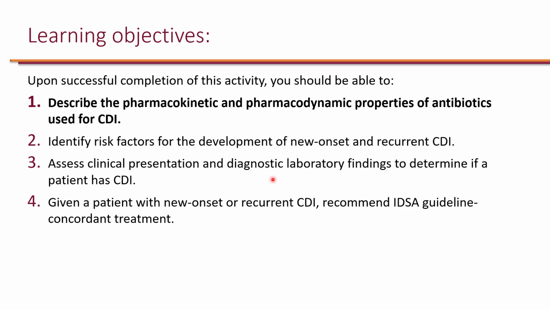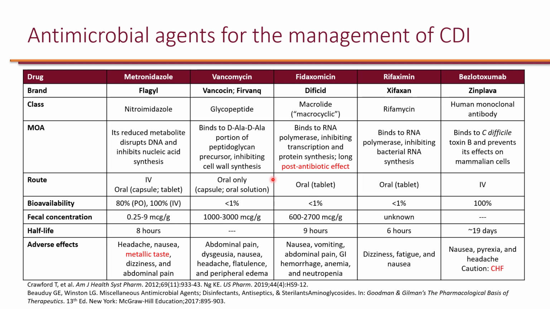The first learning objective is to describe the PK/PD properties of antibiotics used for CDI. Metronidazole essentially disrupts the DNA and inhibits nucleic acid synthesis. It is available both as IV and PO. Note that with the PO, it is 80% bioavailable. Now for CDI, the site of infection is actually in the GI tract.